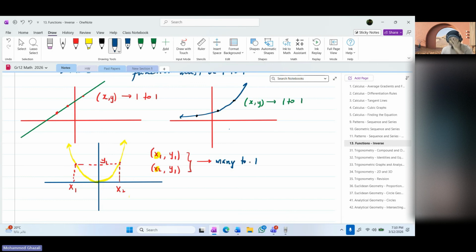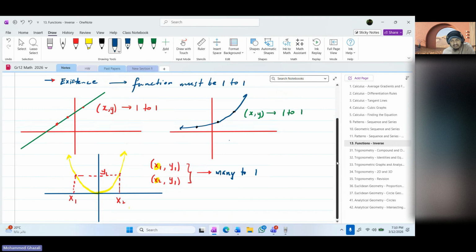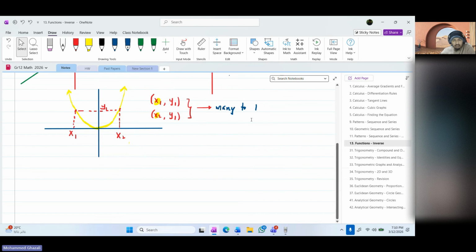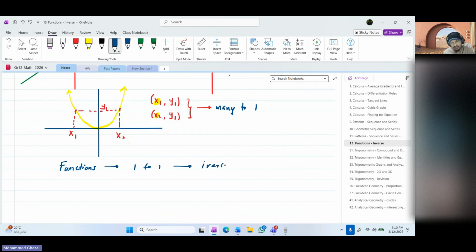So functions are either many to one or one to one. When will the inverse exist? The inverse will only exist if the function is one to one. In a one-to-one function, the inverse will exist.